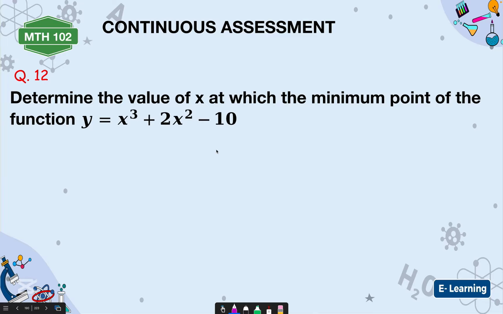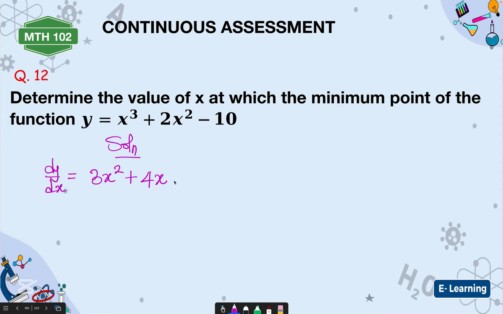All right, I have actually taught you how to go about questions like this before. So first of all, we are going to find the dy/dx. When you differentiate this, it's going to give us 3x squared plus, when you differentiate 2x squared, it's going to give us 4x.